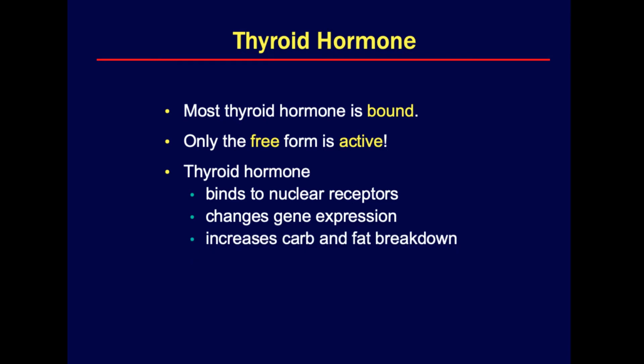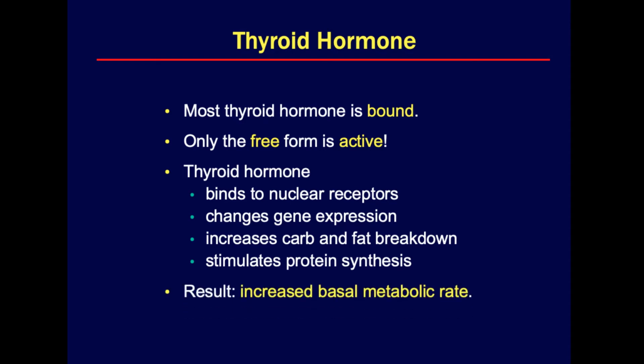And then once those proteins are produced, for instance, maybe we're producing certain enzymes, we can increase carbohydrate breakdown and increase fat breakdown, which of course would then increase the amount of energy someone has in their cell, in their body. It also stimulates protein synthesis. And the results are you have an increased basal metabolic rate.